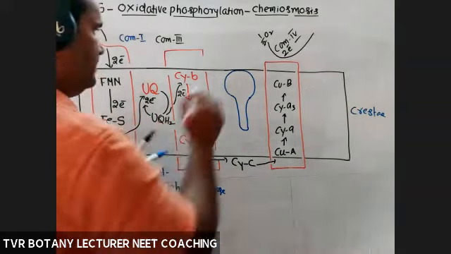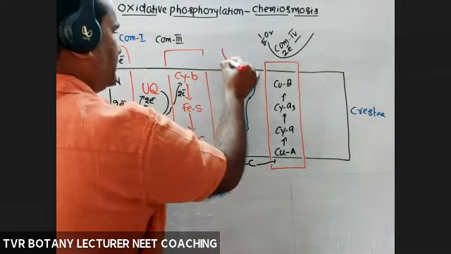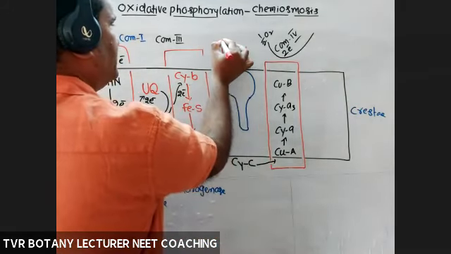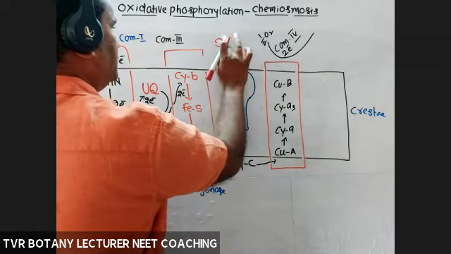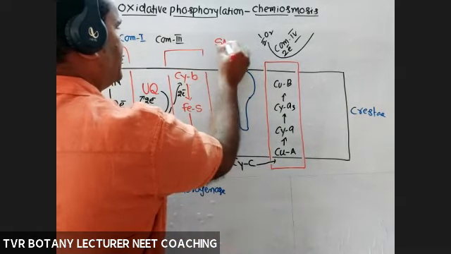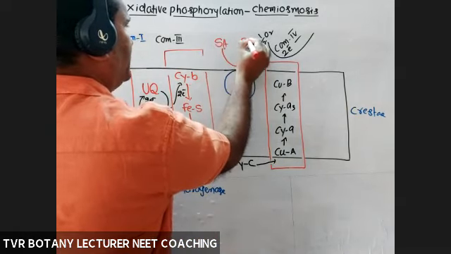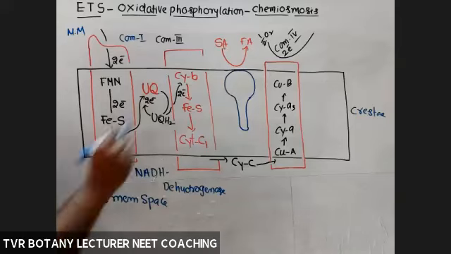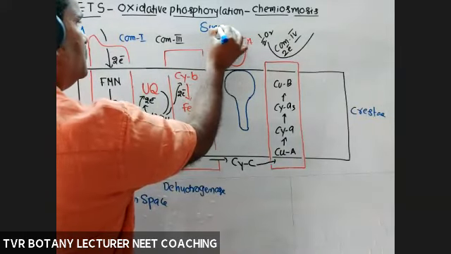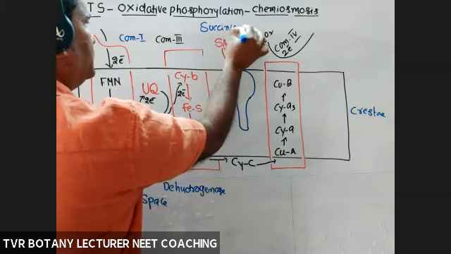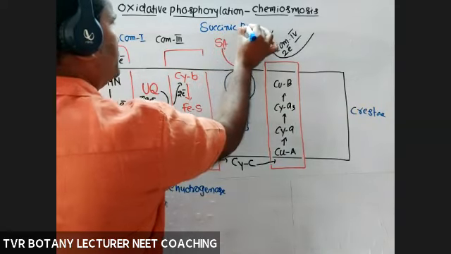Okay, so the given enzyme in your text was given like this. Succinate means succinic acid. I'm taking succinic acid to fumaric acid. And the enzyme required is succinic dehydrogenase.